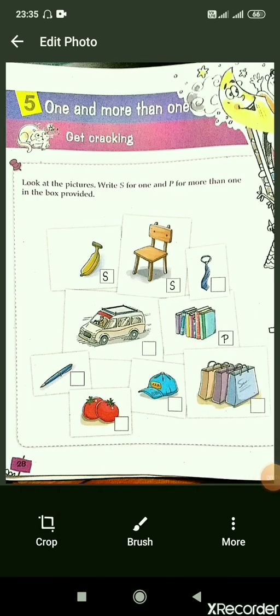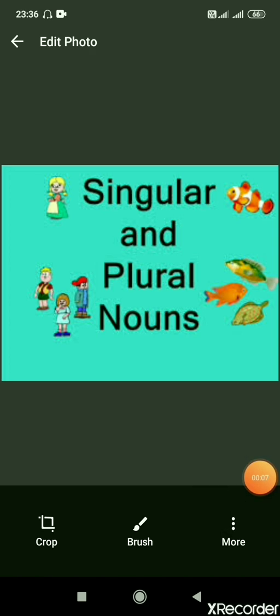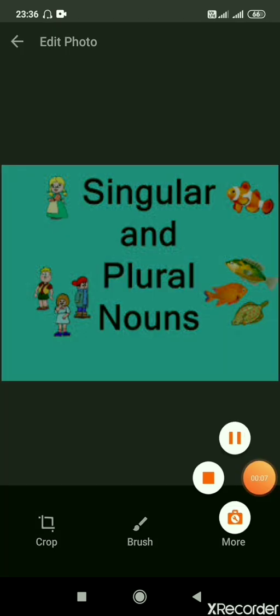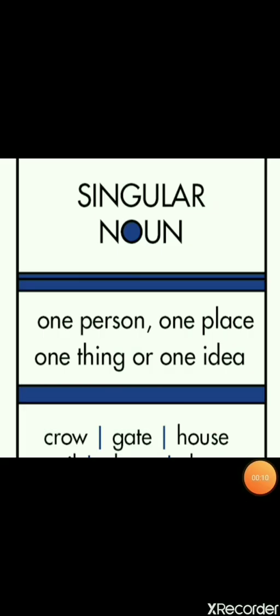Now this chapter is about one and more than one, or you can say singular and plural nouns. That is, singular is for one and plural is for more than one, or you can say many. Now, when we talk about one person, one place, animal or thing, we call it singular noun.